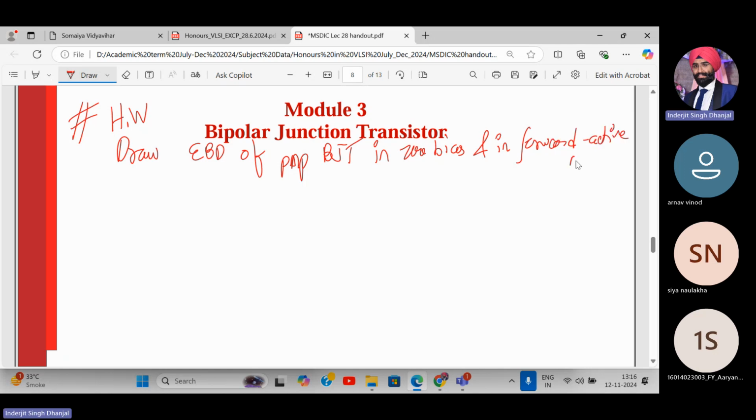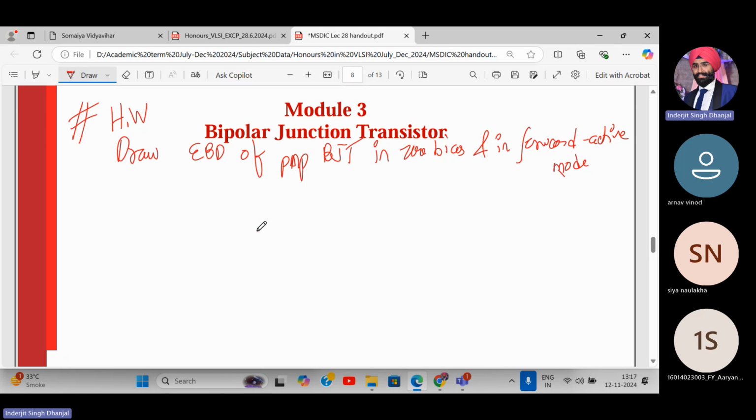I'm not doing it right now. You can try this on your own. Forward active mode. So draw the energy band diagram. We have drawn it for NPN. You draw it for PNP.